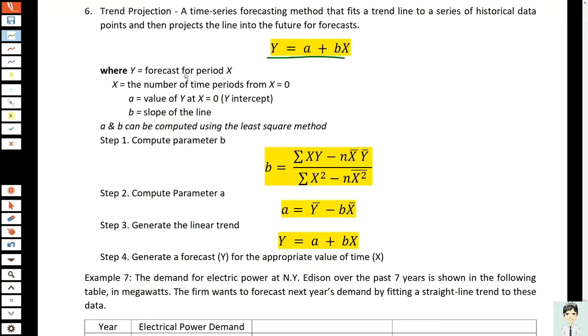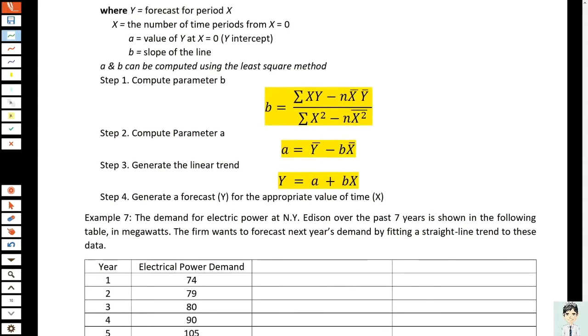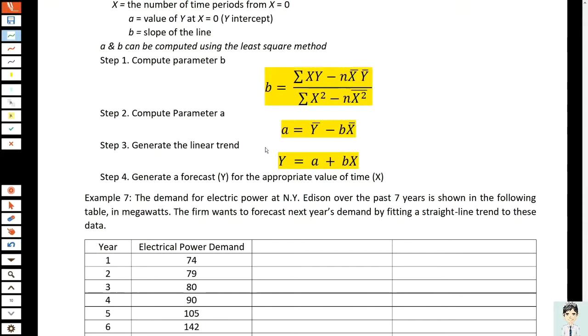Okay po. Yung y is the forecast for period x and the x is the number of time periods from x equals 0. This A is the y-intercept and B is the slope. Okay po. Then to compute, diba? To compute the parameter B or the y-intercept, we have this formula.